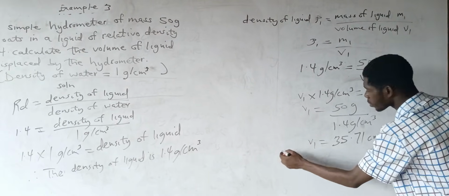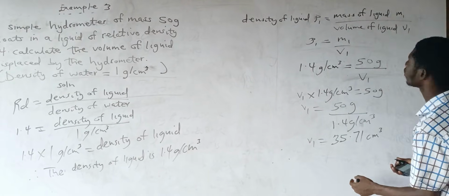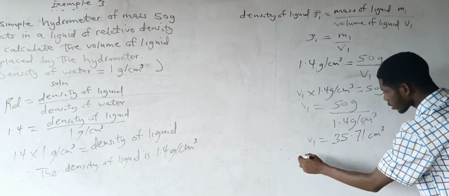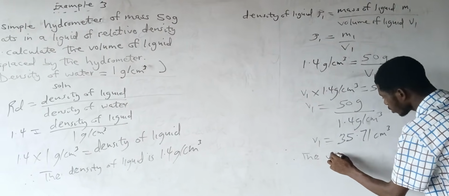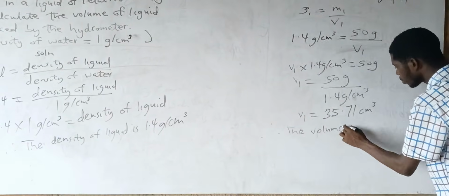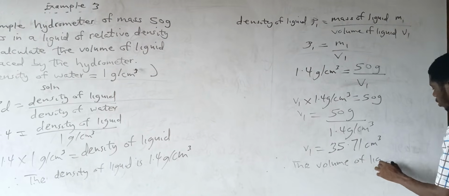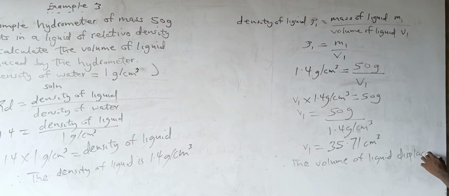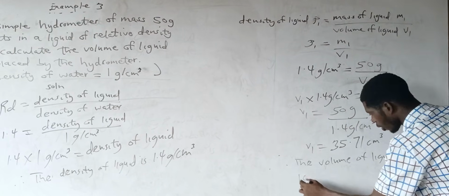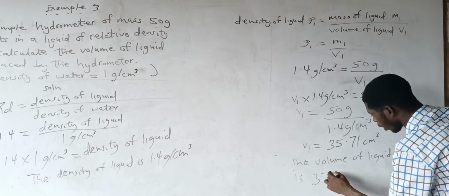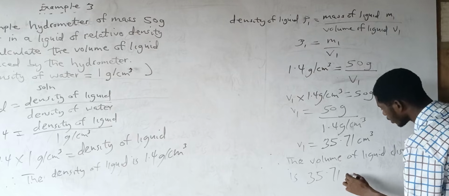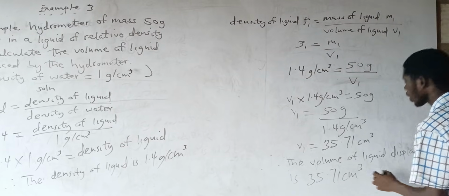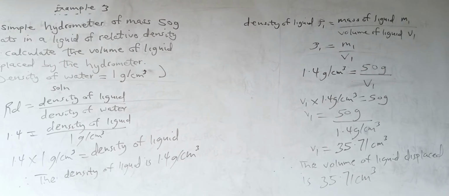So therefore, the volume of liquid displaced is 35.71 centimeters cube. So that is the final answer.